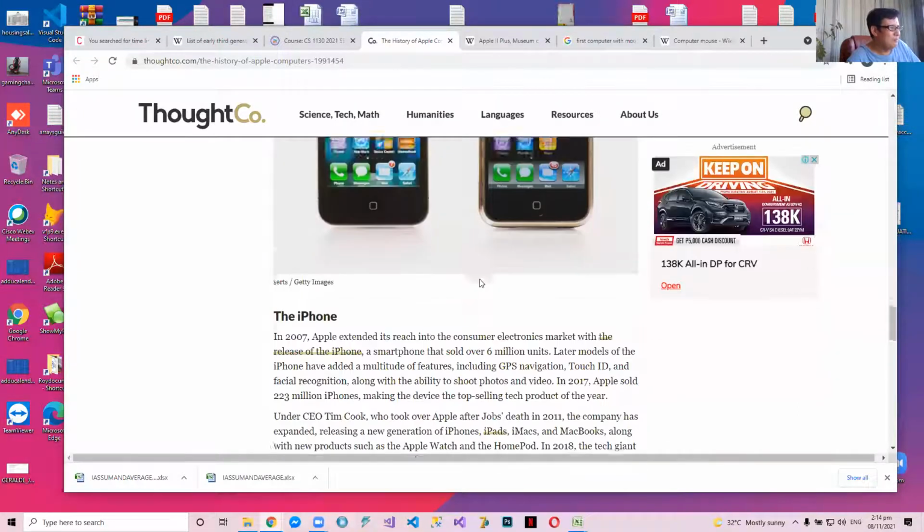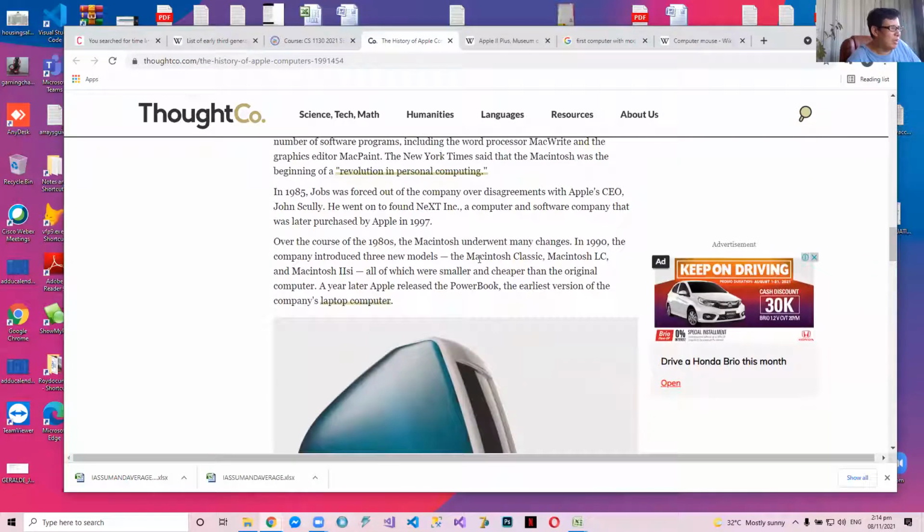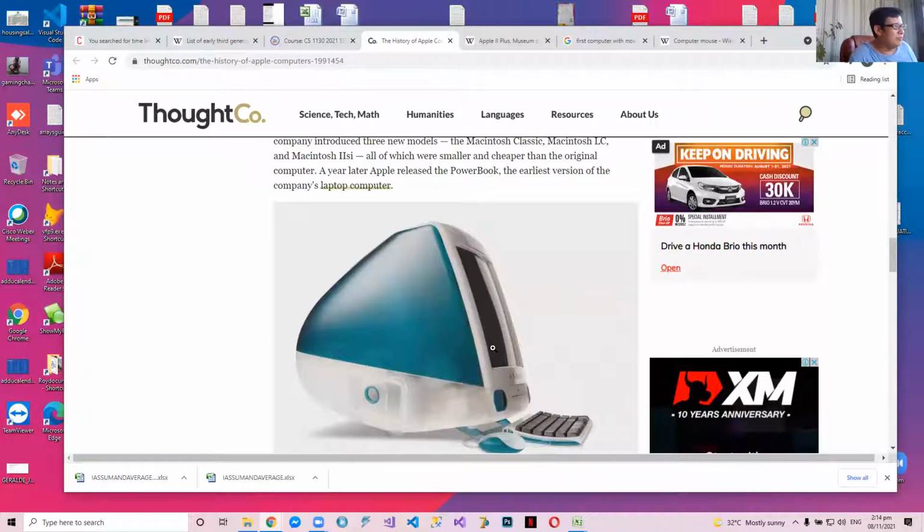Okay, do you follow? The predecessor, kasi they can no longer compete with the IBM PC, so they have created their own OS, no, in a mobile device.